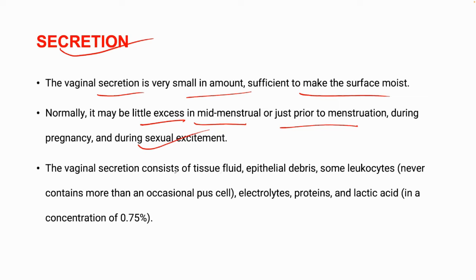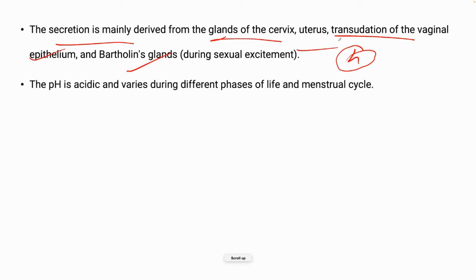The vaginal secretion consists of tissue fluid, epithelial debris, some leukocytes, occasional pus cells, electrolytes, proteins, and lactic acid. The secretion is mainly derived from the glands of the cervix, uterus, transudation of the vaginal epithelium, and Bartholin's gland. These four structures are responsible for the secretion.